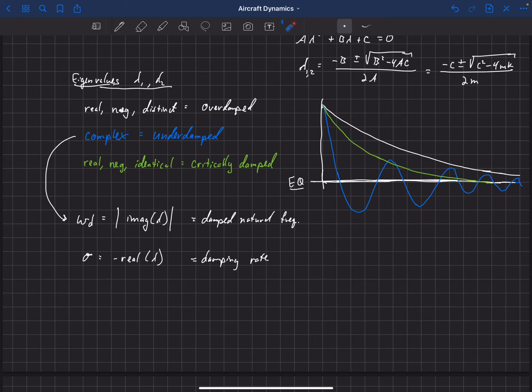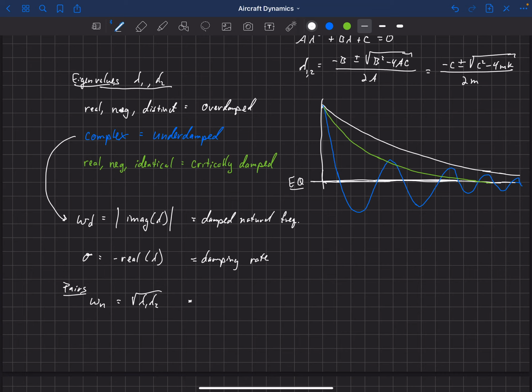So for any pair, whether it's complex or real, we can compute an undamped natural frequency, and that's just the square root of lambda 1 times lambda 2.